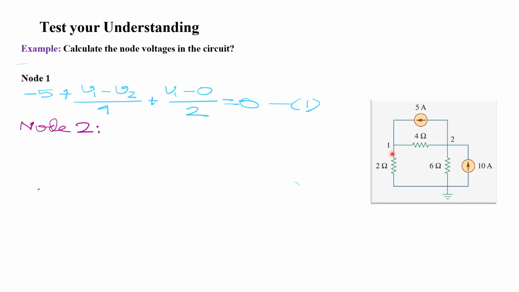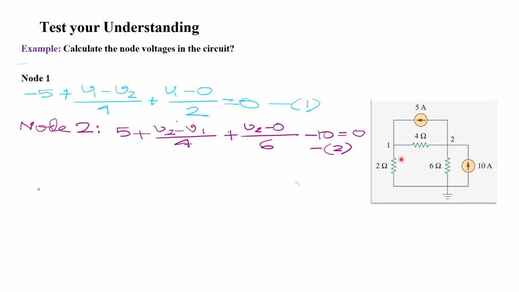In node 2, similar analysis tells that outgoing currents are taken as positive and incoming currents are taken as negative. So equation 2 is given by applying KCL at node 2, and then with the application of Ohm's law, the nodal equation is transferred in terms of nodal voltages.